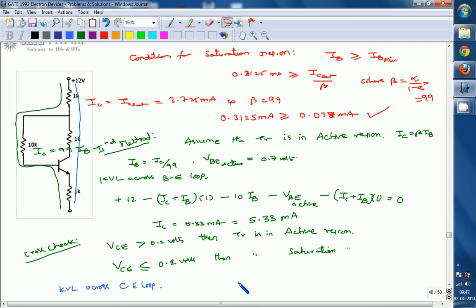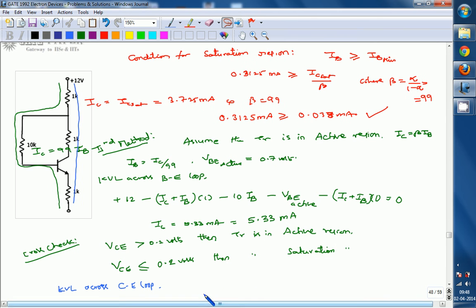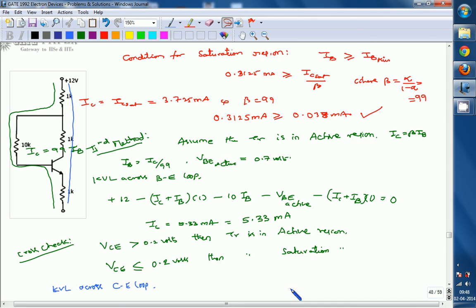From this one we can write it as 3IC plus 2IB minus 12 is equal to VCE. This is what you will get.